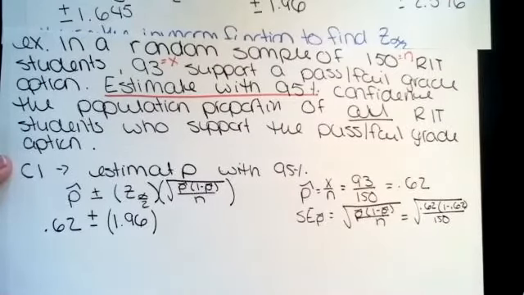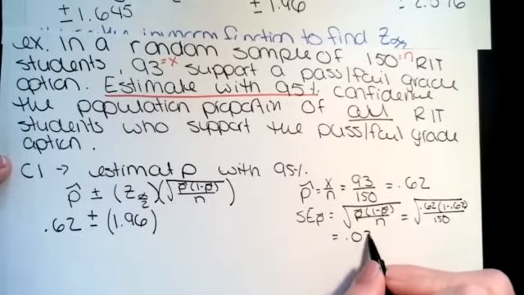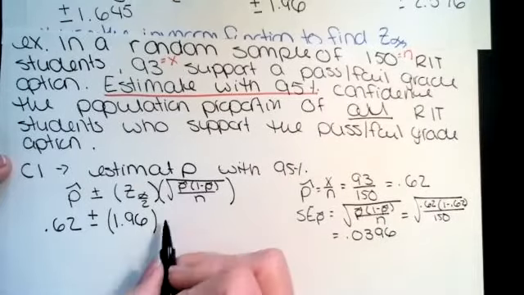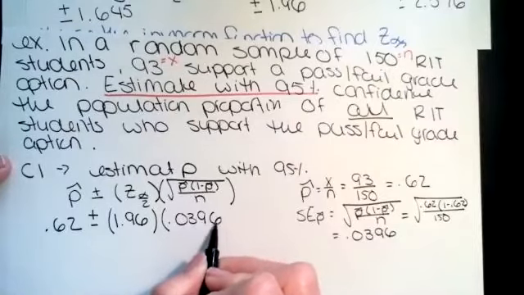So I'm going to multiply those, then divide, and then take my square root. When I do that, I find that this standard error is 0.0396. That's my spread, 0.0396.